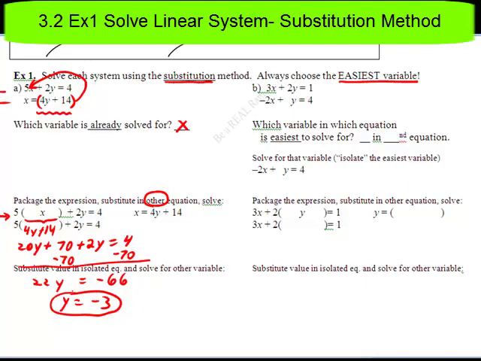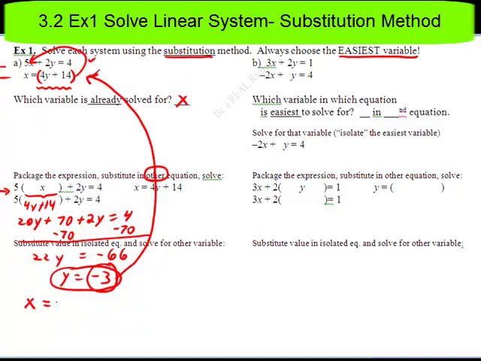Once you get a concrete value, x equals a number or y equals a number, in this case y equals negative 3, you're free to substitute wherever you want. So which equation do you want to substitute this into, the top or the bottom? Put negative 3 into either the top or the bottom. Which one? The bottom. So that's the easiest one. My recommendation is to write the whole thing down, 4y plus 14, and there's the y.